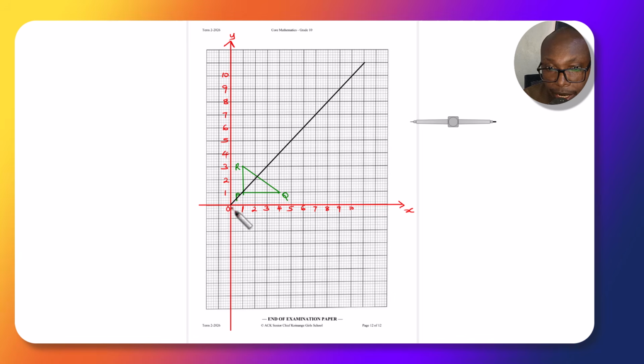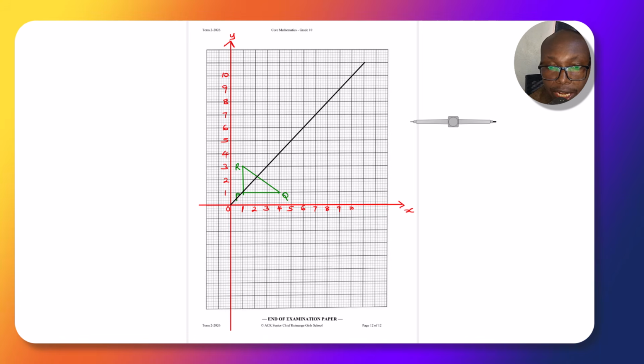So you start by joining P to the center of enlargement, which is (0, 0), and then you extend that line. Then to get the image of P, this is what you do. Measure the distance from the center of enlargement to the object. So from O to P, that is just 1 square.